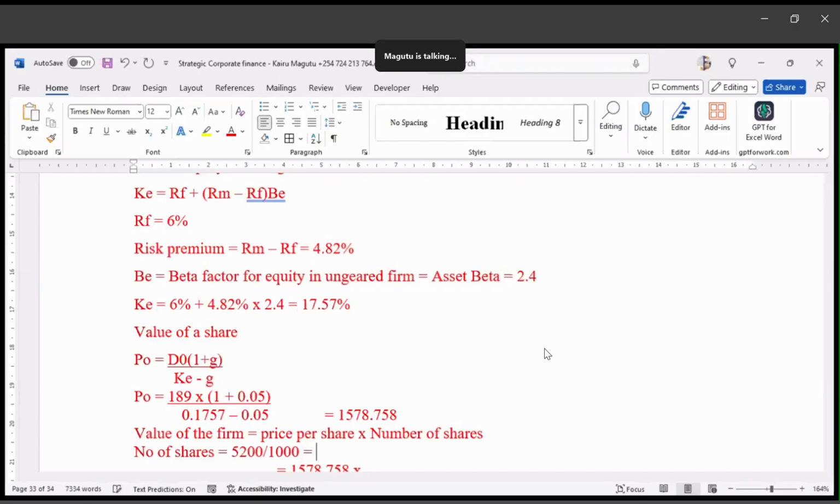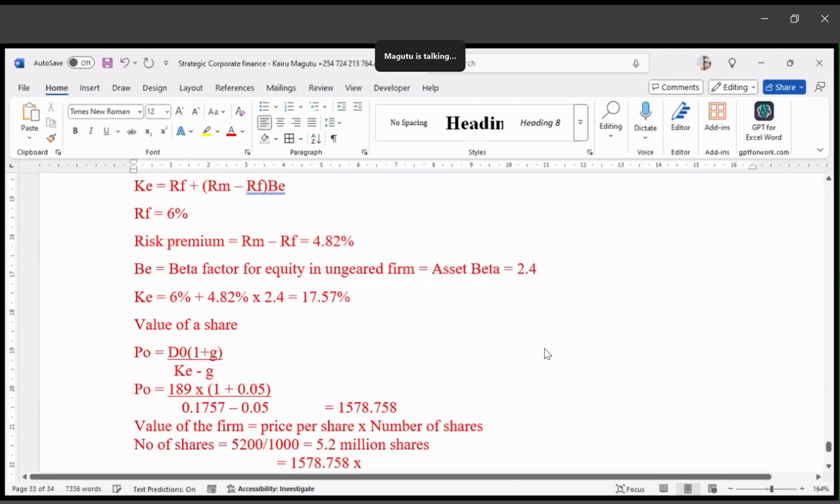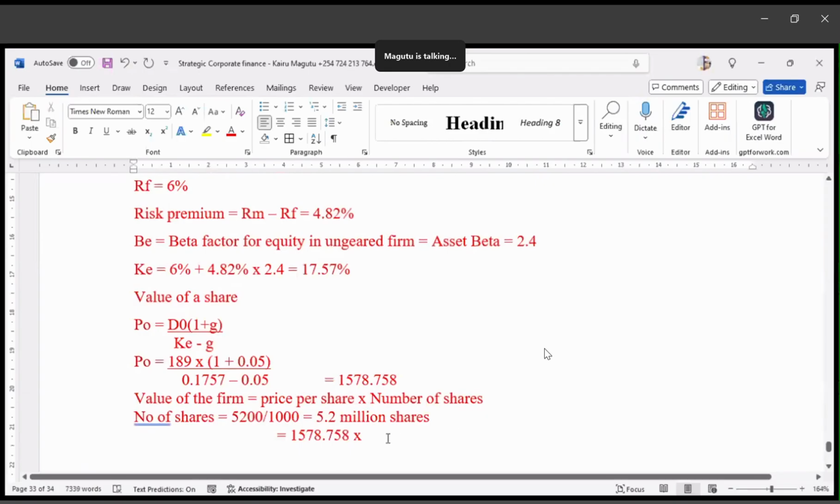And this is equal to, not correct, 5.2 million shares. So we multiply by 5.2 million.